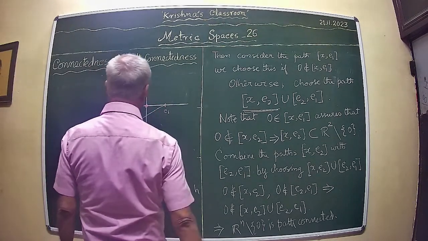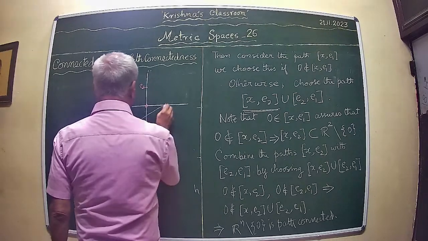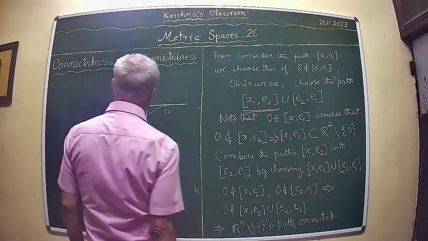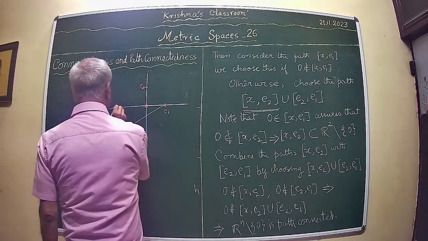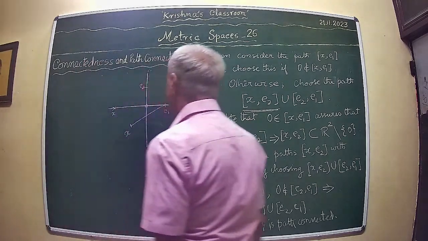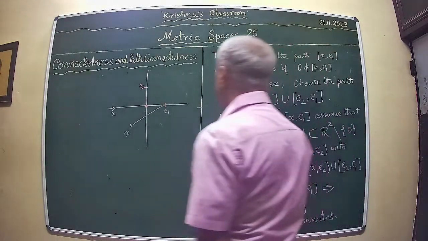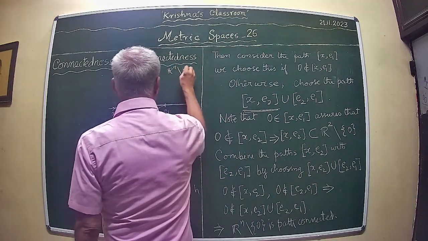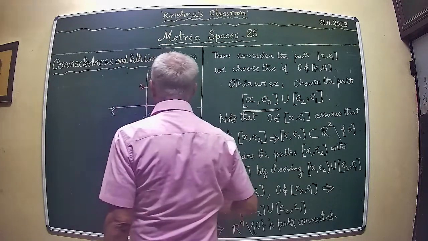This is the path. And the problem comes when X happens to be, suppose X happens to be here. How to go? If you take this path, then it is going to contain 0 in it, which is not a point in Rn minus 0. Therefore, what you do?